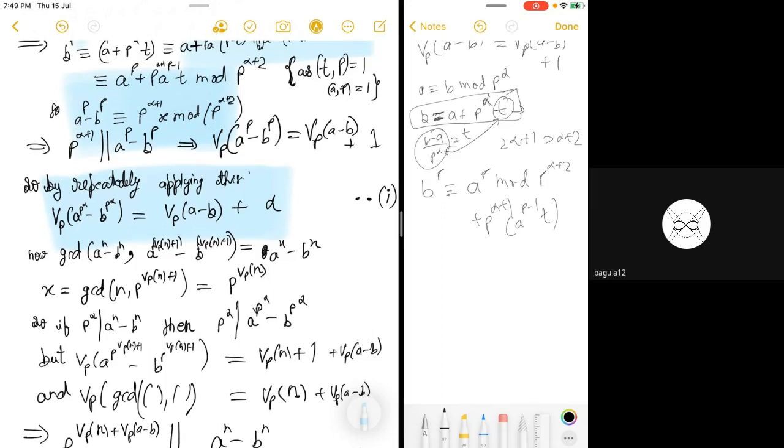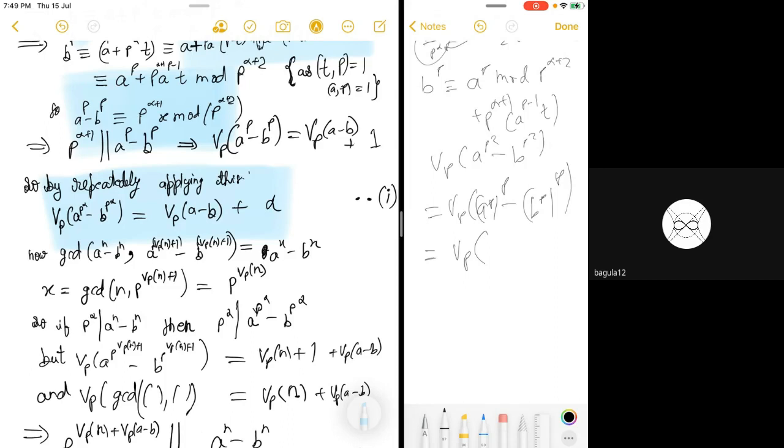So just do this. Vp of A to the P squared minus B to the P squared is Vp of (A to the P) whole to the P minus (B to the P) whole to the P, and this is equal to Vp of A to the P minus B to the P plus 1, but this is equal to Vp of A minus B plus 1, so plus 1 and plus 1 we get plus 2.